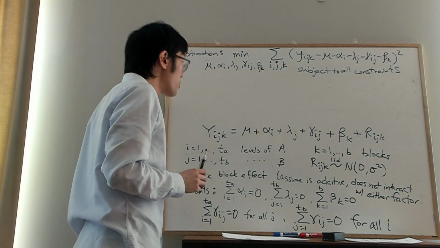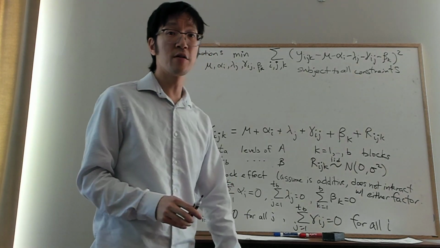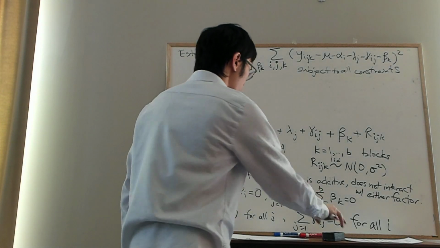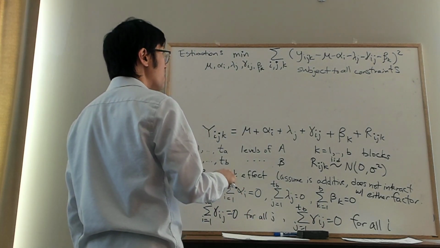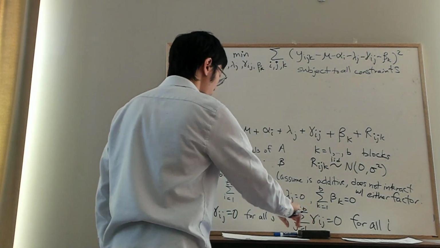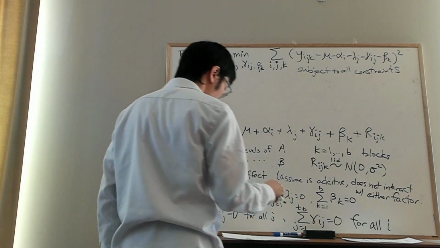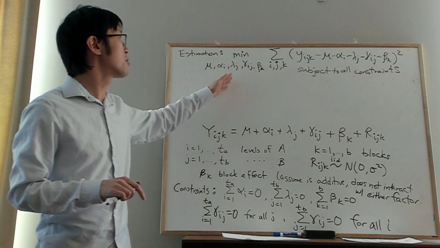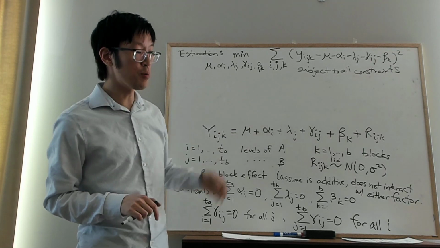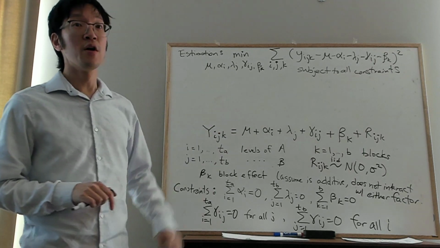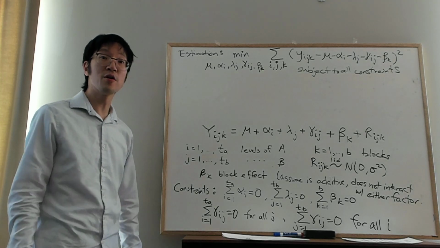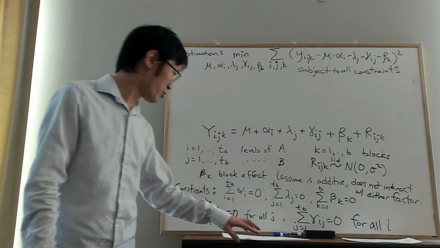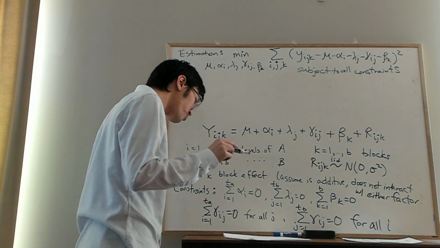Okay, so what are the estimates? Well, many of them are actually exactly the same as in the interaction model, so let's just take a shortcut and use that result. To mention how we do it, it's a constrained minimization, so we can do it using an extension of Lagrange multipliers, although I will skip those details here.